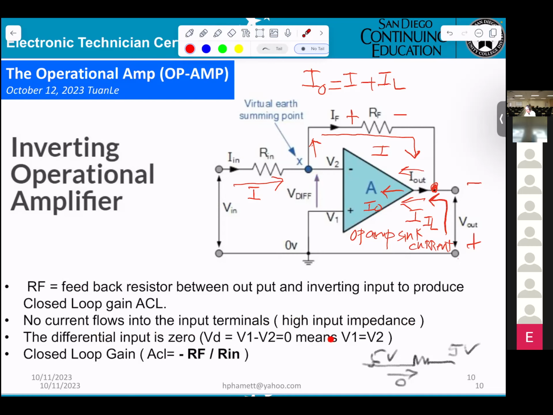That means V1 equals V2. So finally, closed loop gain ACL equals minus RF divided by RE. Okay? So if you want to calculate the gain, you take minus RF divided by RE. That is basically for an inverting amplifier.